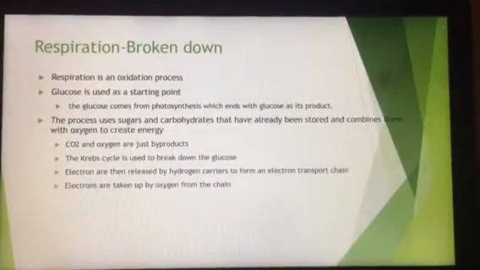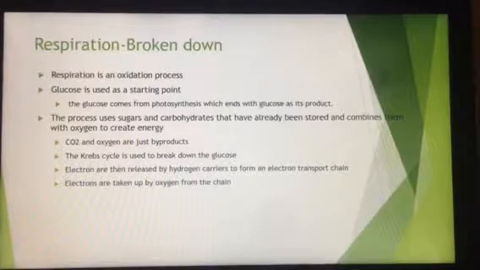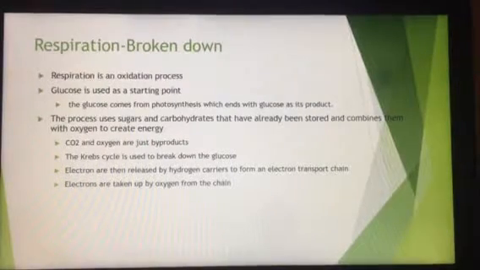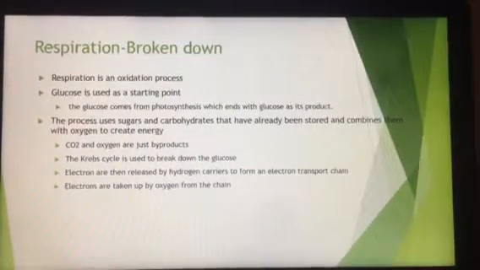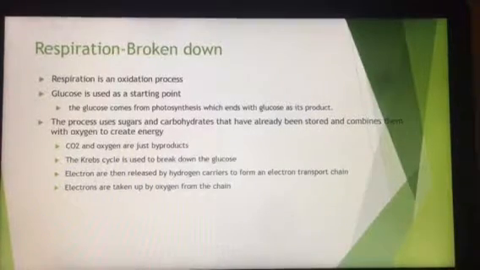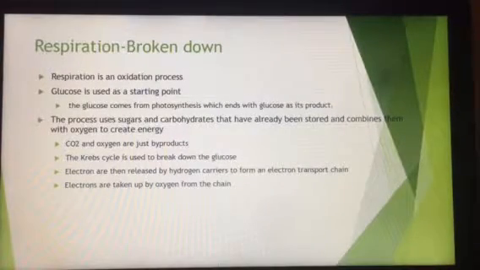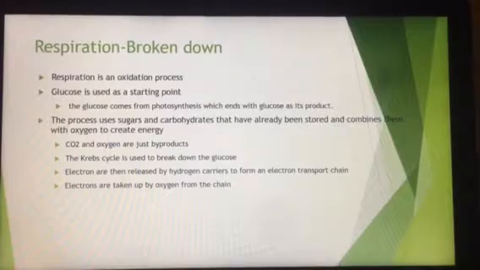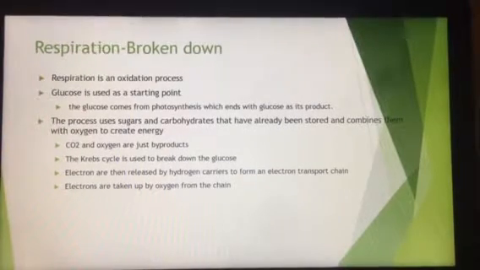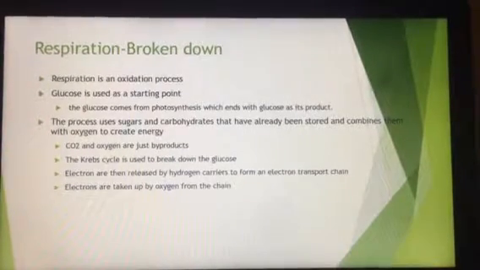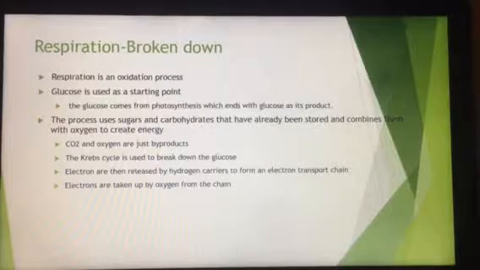So the glucose comes from photosynthesis, which ends with glucose as its product. The process uses sugars and carbohydrates that have already been stored and combines them with oxygen to create energy. CO2 and water are just the byproducts.